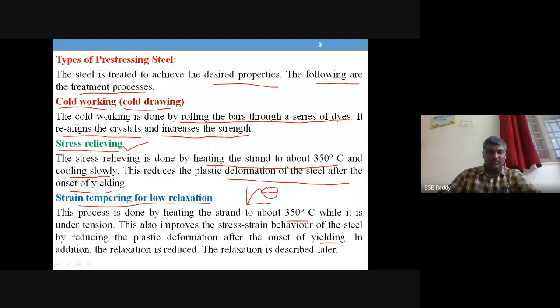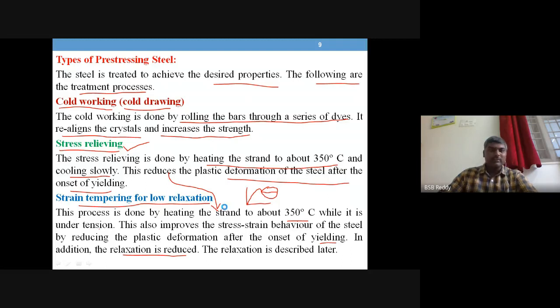Because you are heating and cooling slowly there, whereas here the bar is under tension while you are heating it. In addition, the relaxation loss is reduced. So what is relaxation? We will be studying it for steel. It is a property of steel, relaxation.